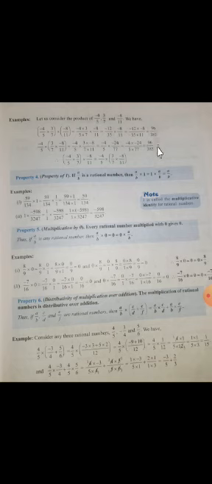If one is separate and the other two are grouped together, and in this way we find the product, there will be no change in the product. It will remain the same. So that is all about the associative property. Thank you.